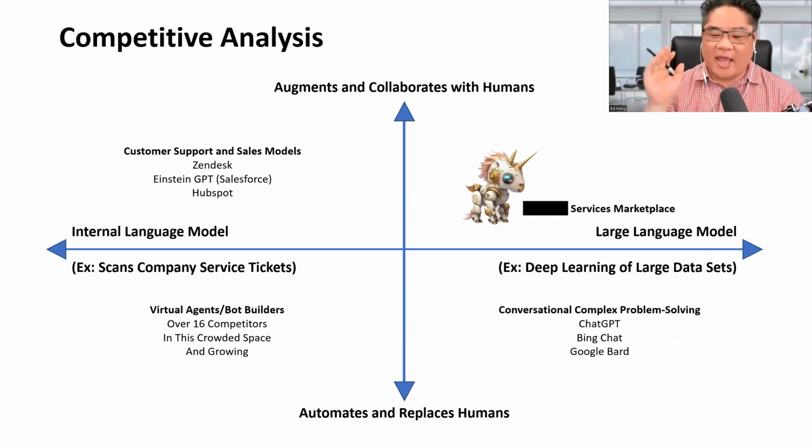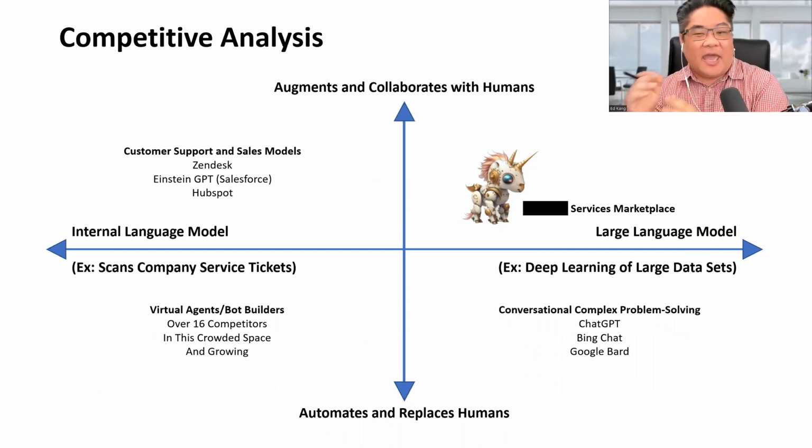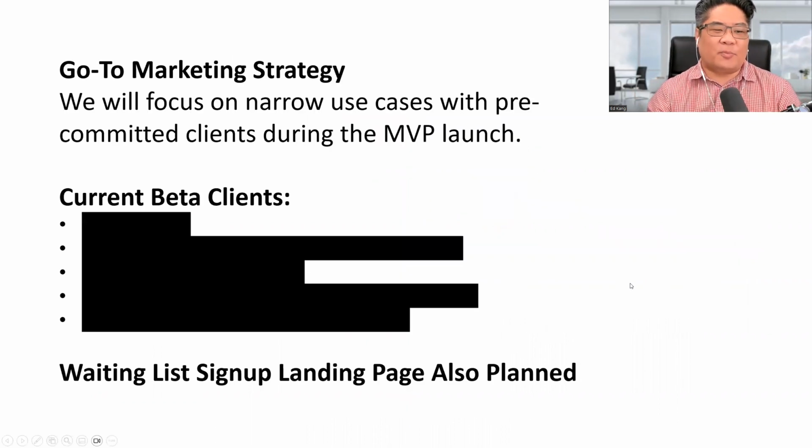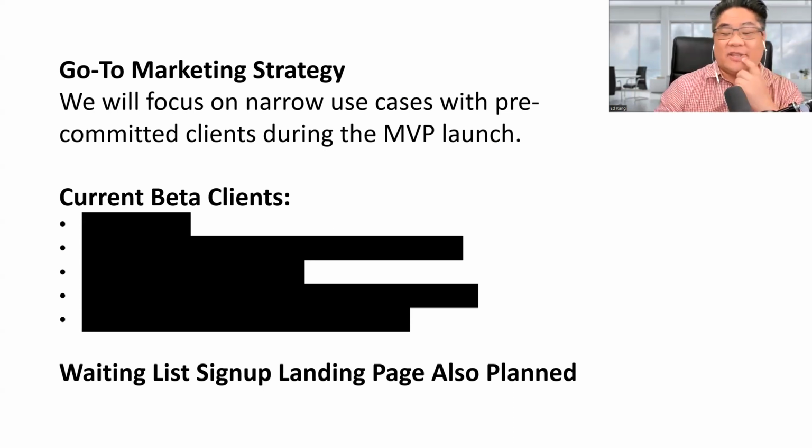You can't ignore that. I want to be wise and savvy, and I want to be able to say, I know something those people don't know, and here's how we're doing it different. And remember, notice how this is based upon the unique competitive insight slide that I had before. Moving along. Go-to-market strategy. We'll focus on narrow use cases with pre-committed clients during the MVP launch. This is my current go-to-market strategy.